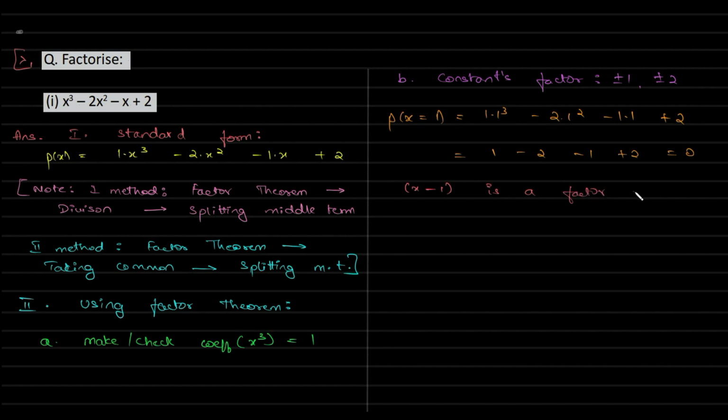How did I tell that? Think about it. If x minus 1 divides p of x, the remainder will be 0. How did you tell that? With the remainder theorem. So what is the 0 of x minus 1?